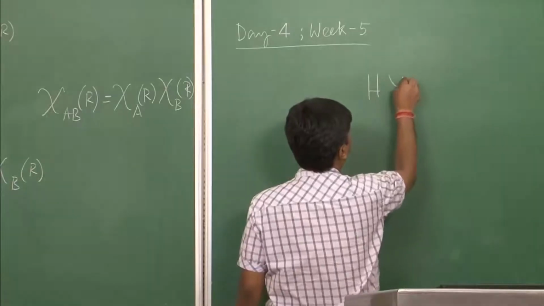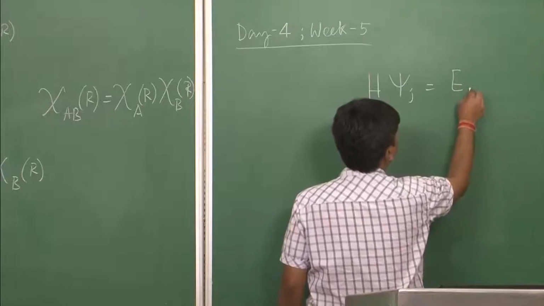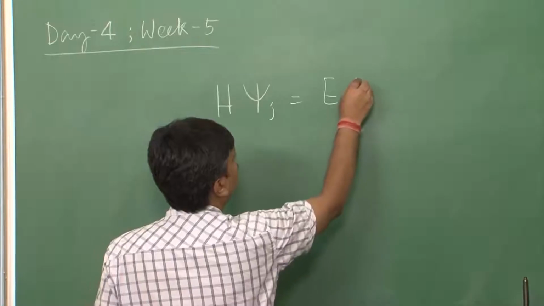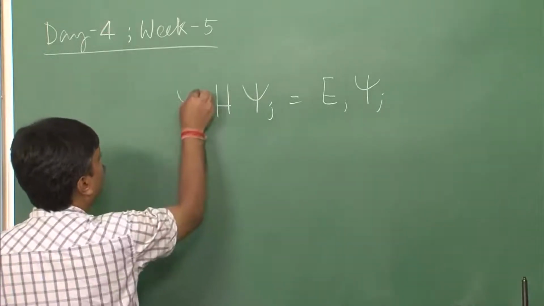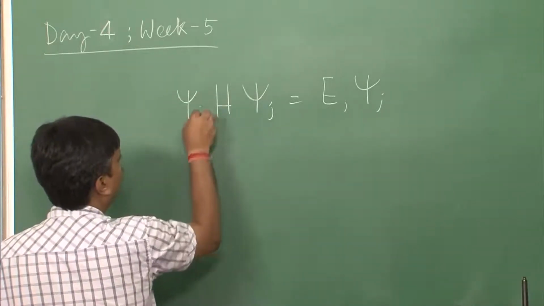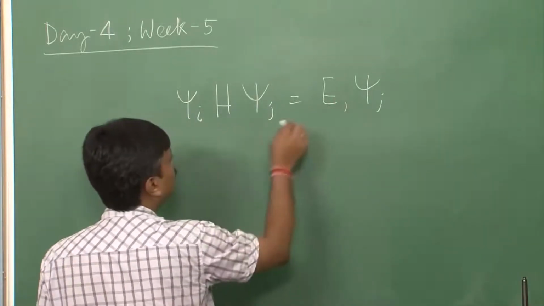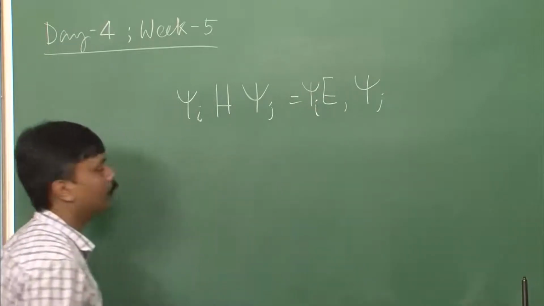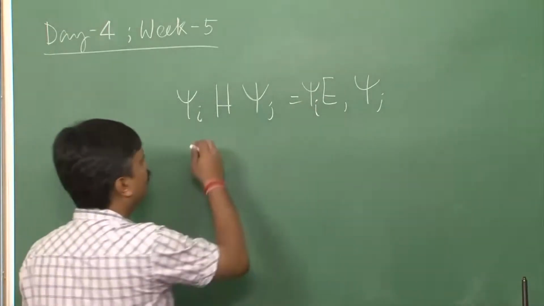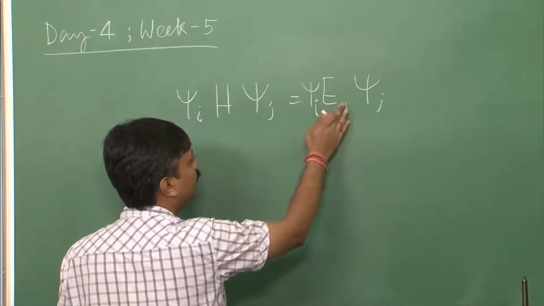So, you have say H psi j equals E j psi j, right. Now, if you multiply both sides by psi i, okay, and then you integrate. So E being a constant, I can easily shuffle this one.